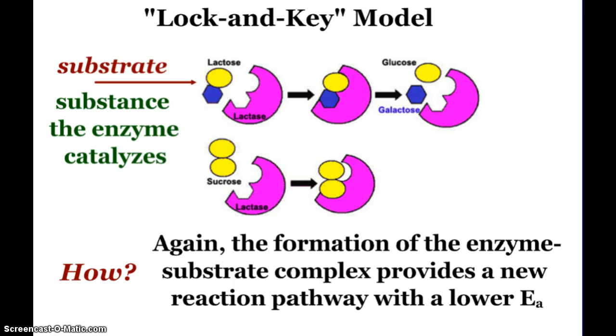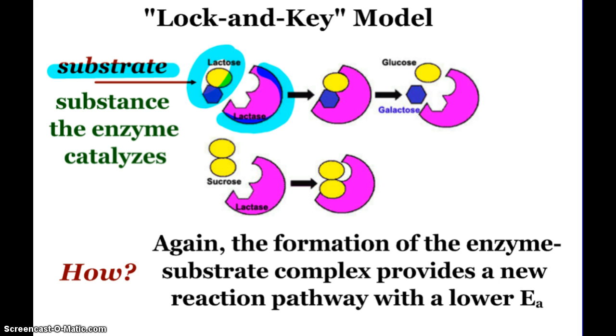Typically, they talk about enzymes doing the lock and key model. And so we have what's called the substrate. And the substrate is the substance that the enzyme catalyzes. So lactase is the enzyme, and the substrate would be lactose.